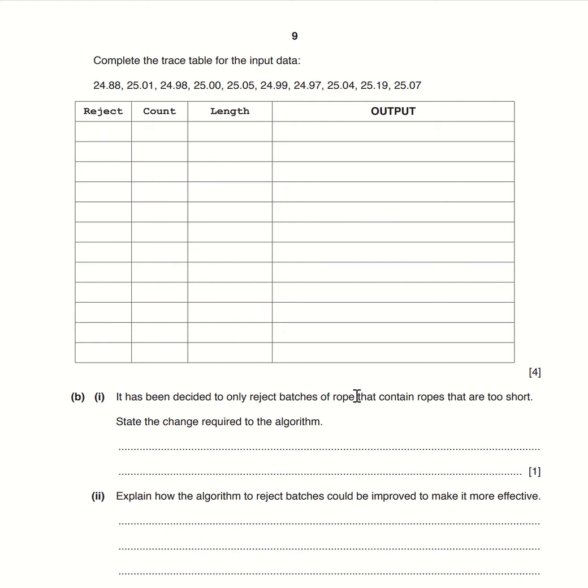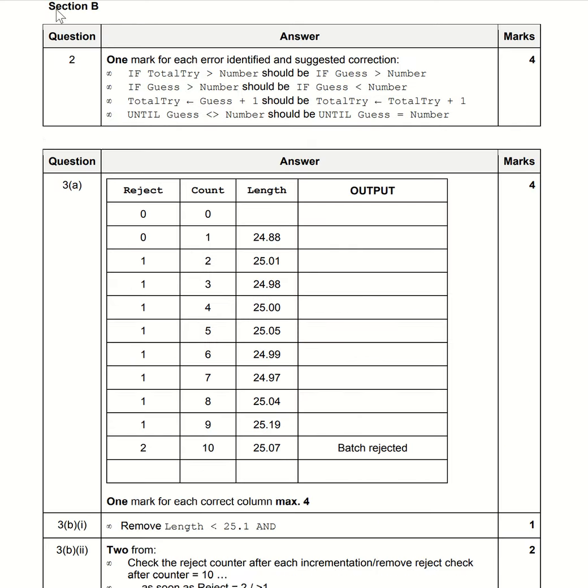Change this to only reject batches of rope that contain ropes that are too short. So if the length is higher, just ignore it if it's really long, but reject it if it's short. So change the algorithm.